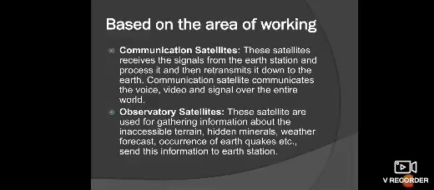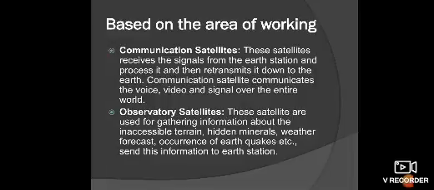They receive the signals from the earth station, process them, and retransmit them down to the earth, carrying data in the form of voice, video, signals, whatever it may be, over the entire world.